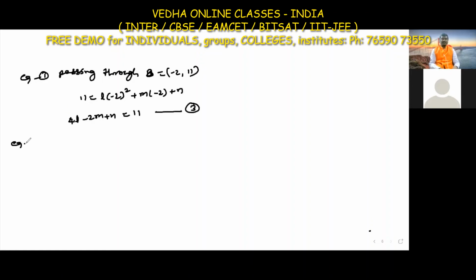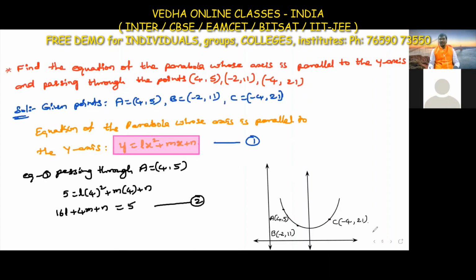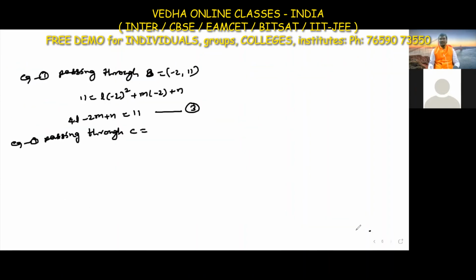And equation 1 is also passing through the point C. What is the C point here? (-4, 21).